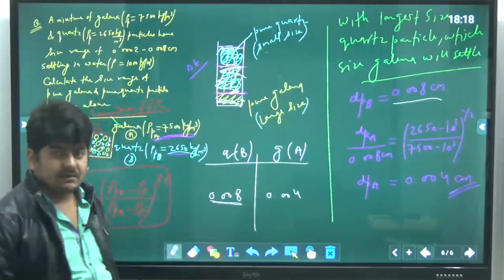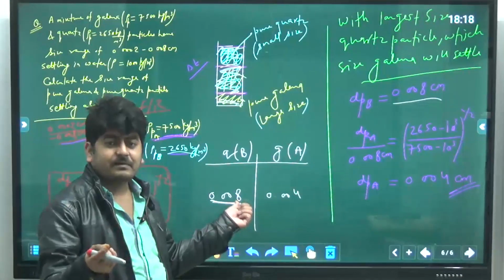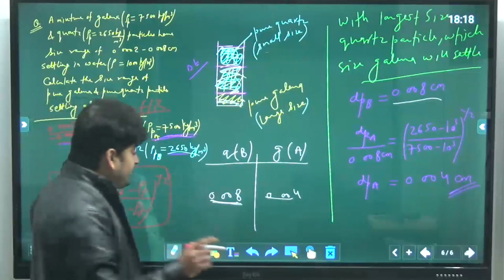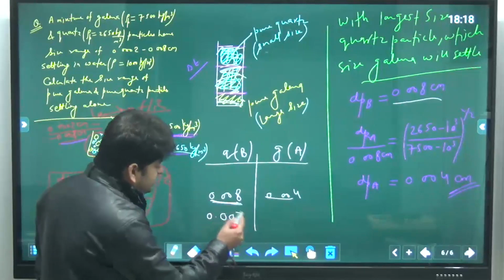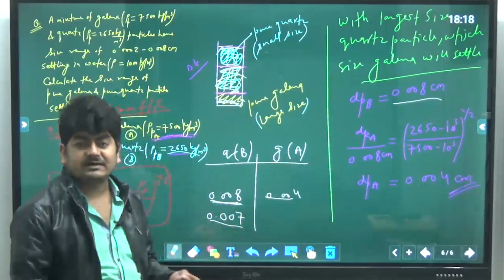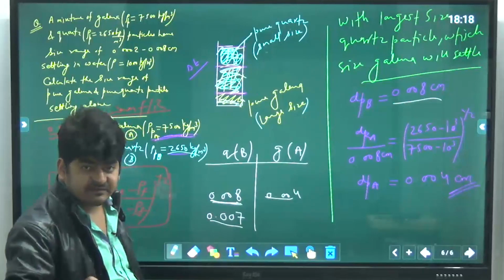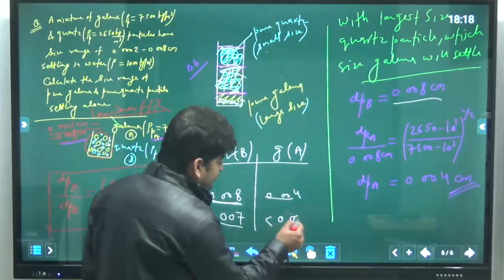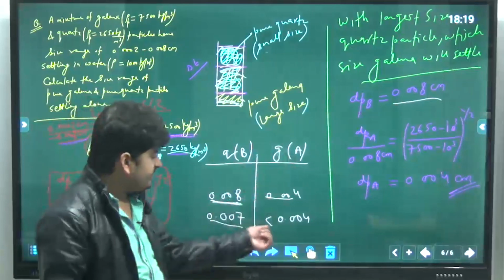Okay, means with all quartz particle with this dia, the galena particles of this size will settle with the same velocity. So if I decrease the size of this quartz particle to 0.007, let's say, the galena particles settling with the same velocity must have a diameter less than 0.004 centimeter. That you can calculate as well. You will see that will be less than this.